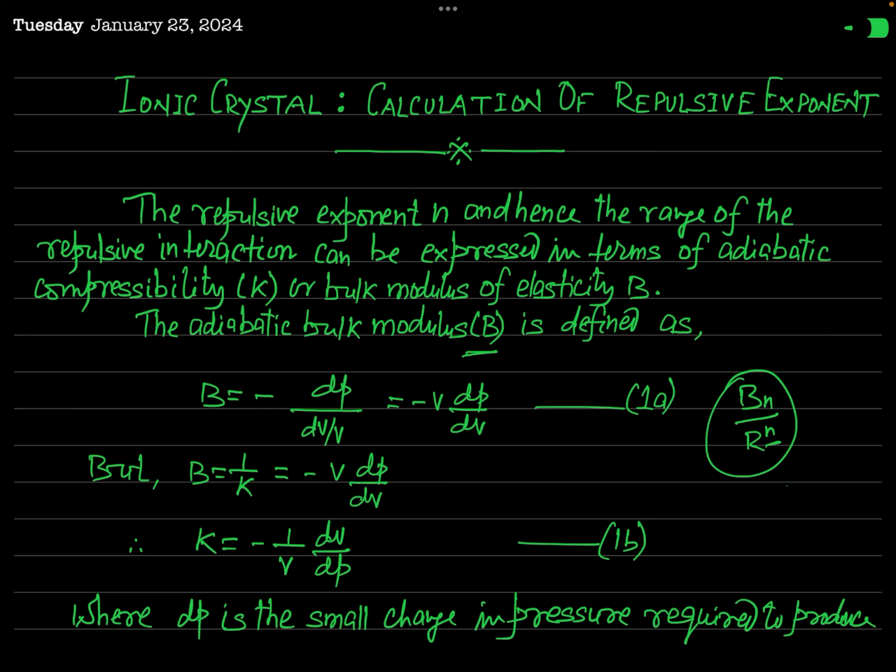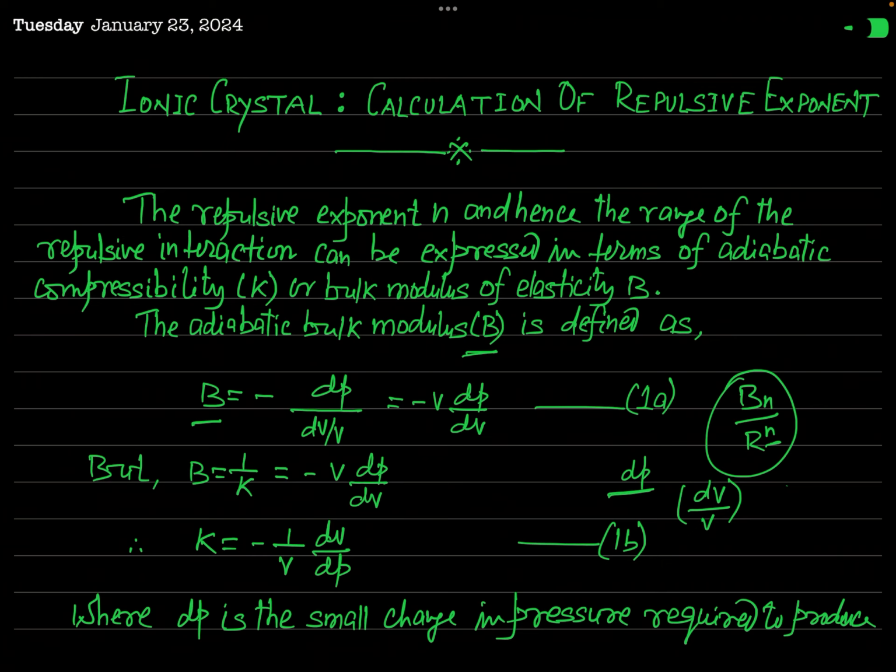In that condition, the general definition of bulk modulus of elasticity B is simply bulk stress by bulk strain. The change in pressure dP is the measure of bulk stress, also called volume stress, and volume strain is the change in volume dV over original volume V. So B is defined as minus dP over dV by V.